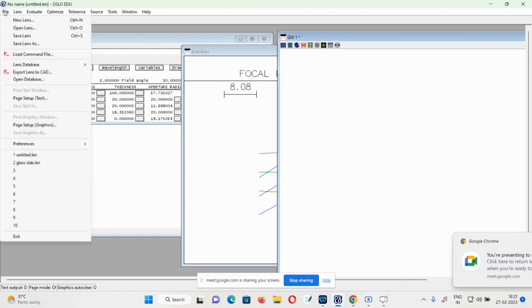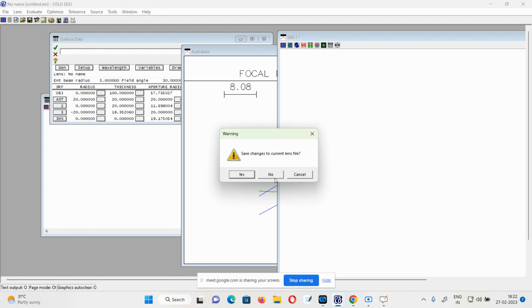I am opening a new lens. Hopefully all people have installed Oslo. One problem is that I am not seeing the screen, so if some doubt is there, you can just tell, because without hearing I cannot say whether you people are here.